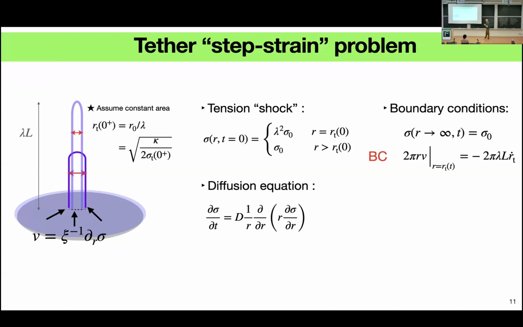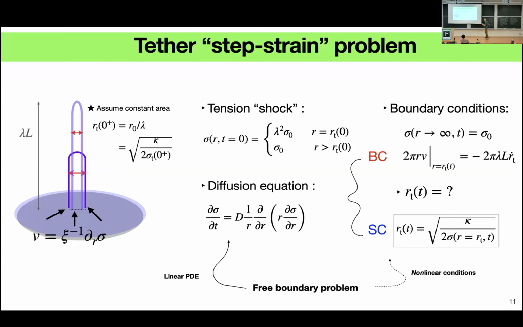Of course, we don't know what RT is. So we need to close the system of equations, and what closes it is this, I call it SC, self-consistency. I don't know if that's the correctly chosen terminology, but we know that at every instant, we must have this mechanical relation between the instantaneous tether radius and the value of sigma obtained by solving the PDE, the value of sigma evaluated at RT.